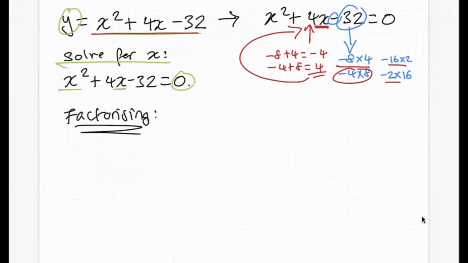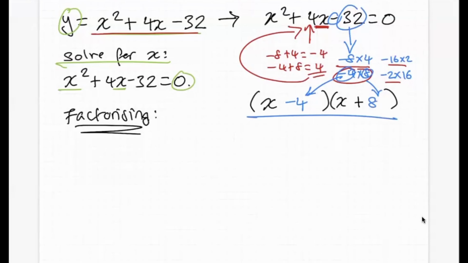Now what we're going to do is write x plus and x plus, and we're going to fill in these numbers that we found here and here. So x plus minus 4, that's actually just going to be x minus 4, right? And x plus positive 8.